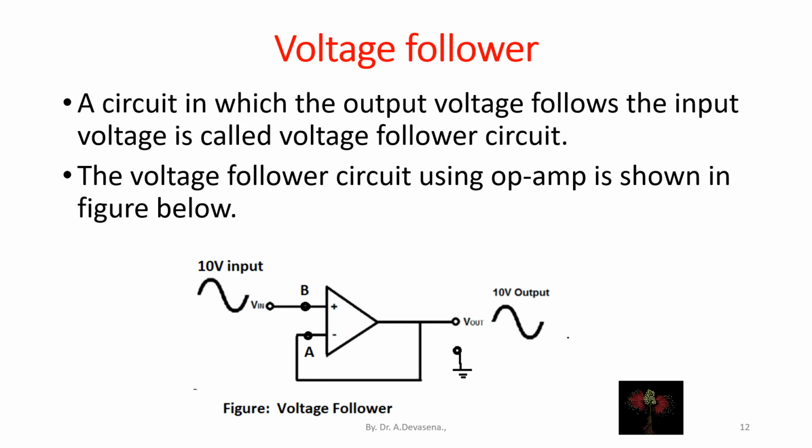In this voltage follower, the input is applied to the non-inverting input terminal of the op-amp, and the output is taken as feedback and connected to the inverting input terminal. This is indicated in this figure.